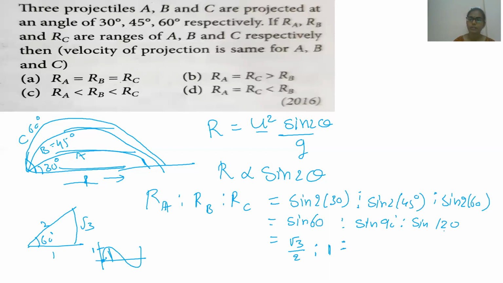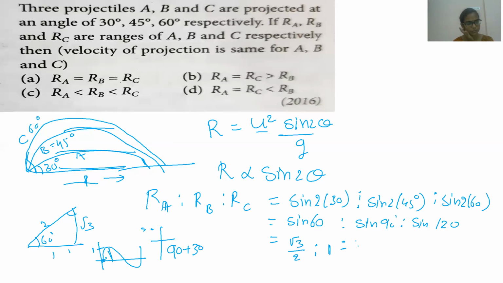Sine 120 degrees, we can write 120 degrees as 180 minus 60 degrees, or we can write it as 90 plus 30 degrees. 90 plus 30 will come in the second quadrant, right? In the second quadrant, sine is positive. So we can write sine 30 degrees, how much, children? 1 by 2, right?